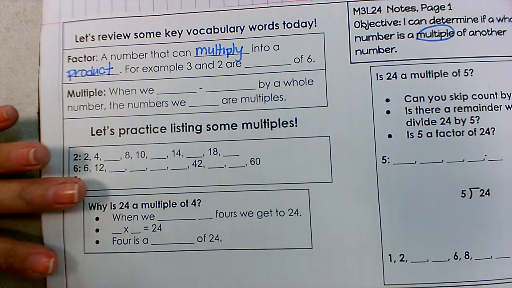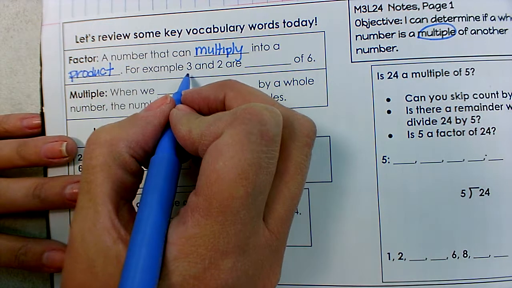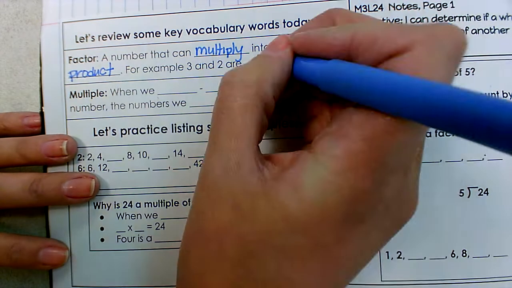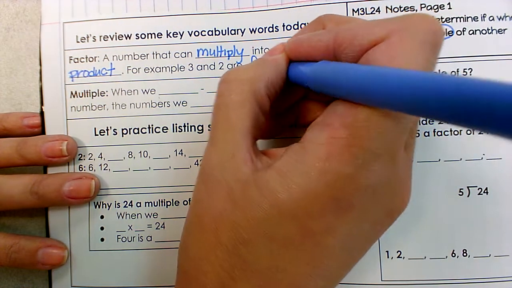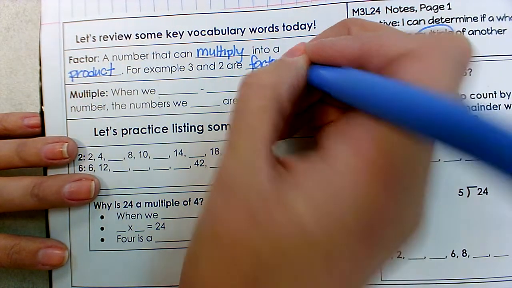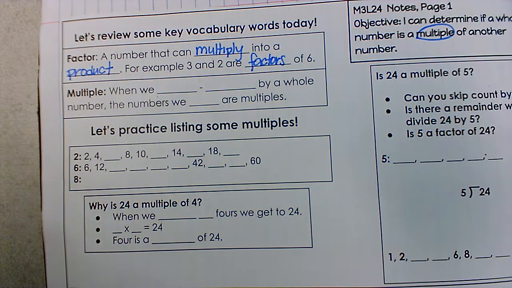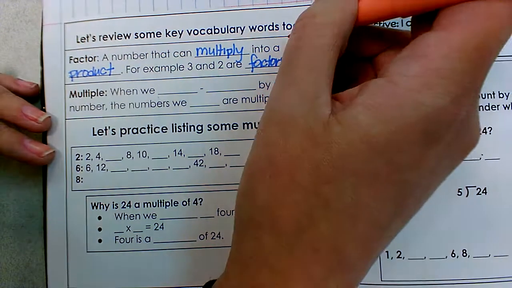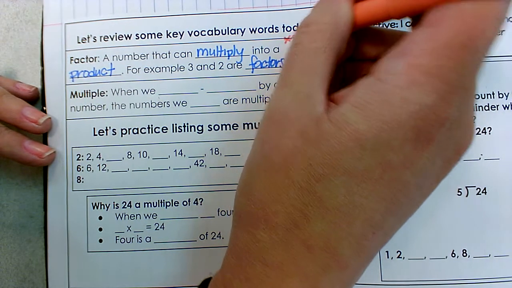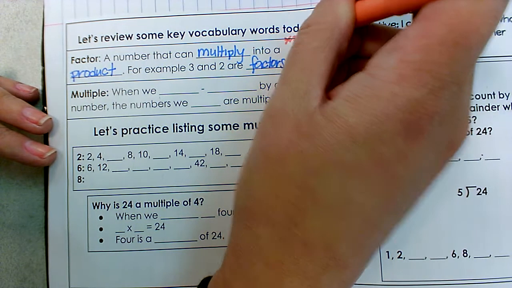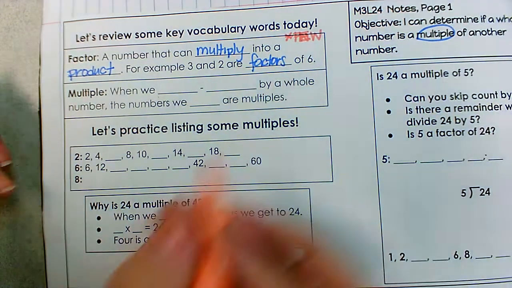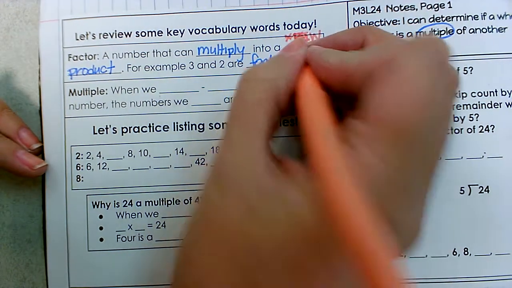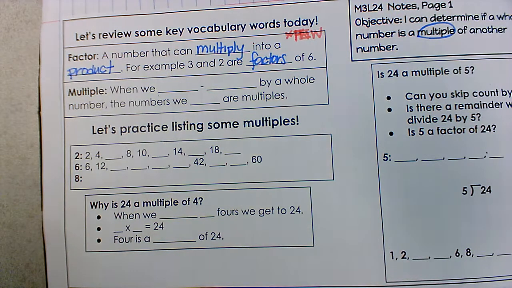We wrote our number sentences to show the factors that, for example, 3 and 2 are factors of 6. Now here's the thing I want you to remember about factors. Factors of a number are few. F-E-W. They are few. Okay.